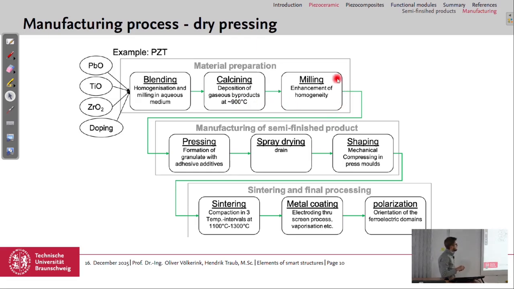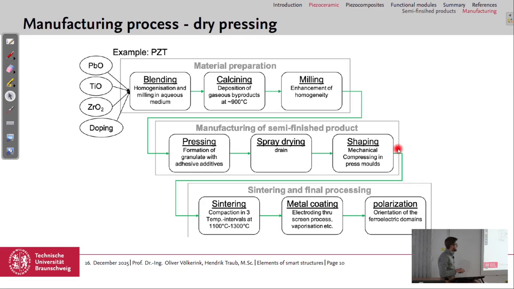And then you mill it again to enhance the homogeneity. And then with this powder, you go into a press process, where you press them in a die with some adhesive additives, and then dry this and shape this. And after these process steps, you have the so-called green body of the piezoceramic.